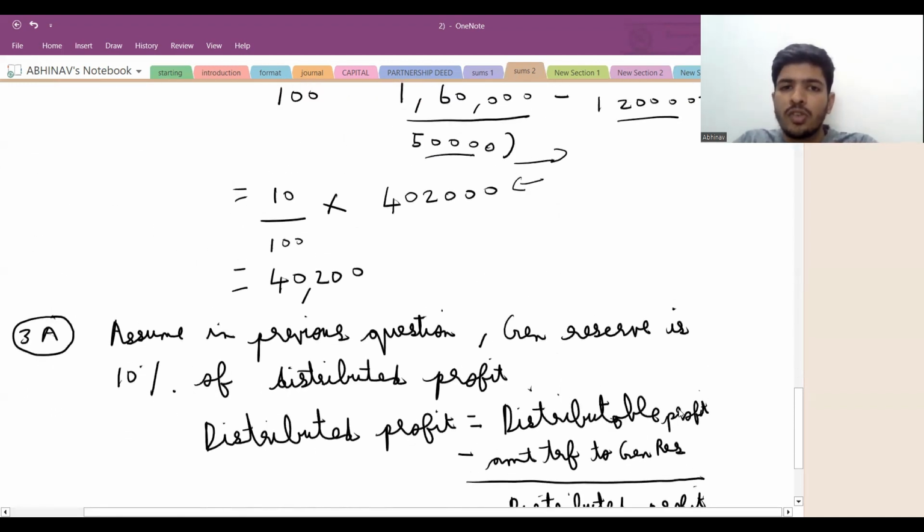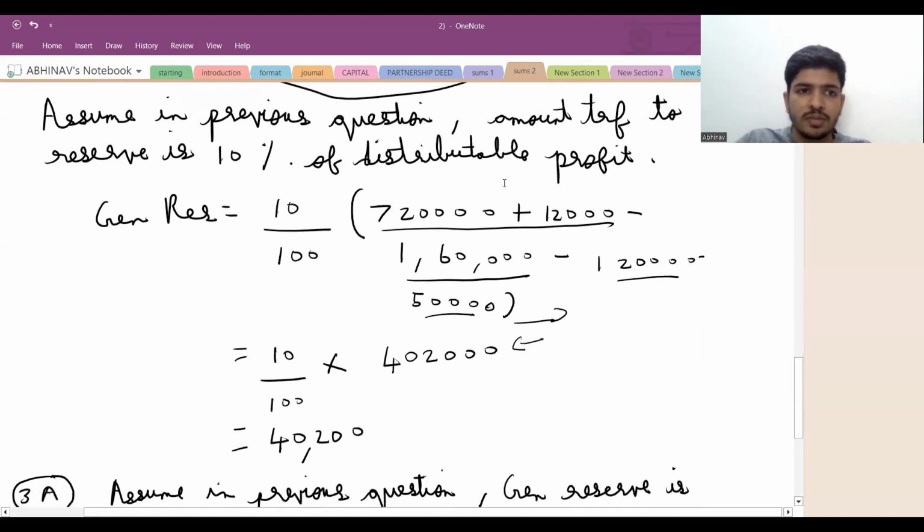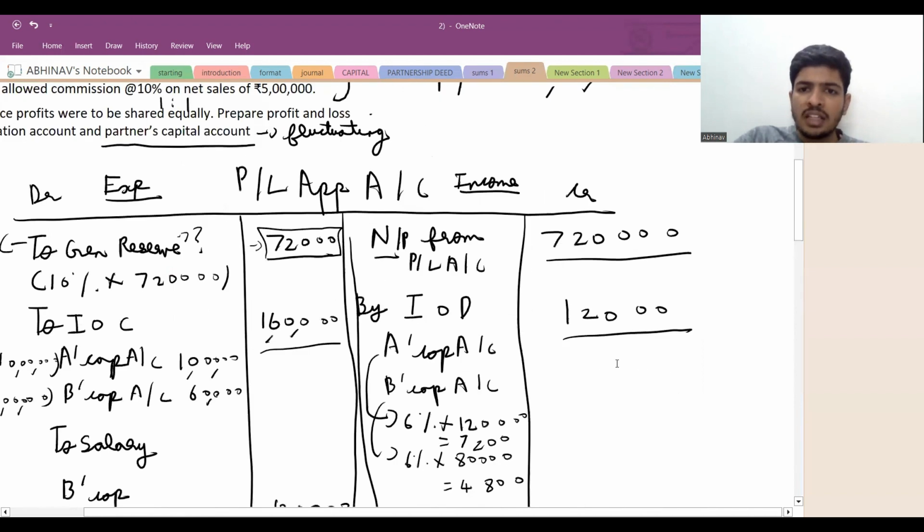What is distributable profit? We already wrote down the formula for distributable profit. Again, we'll do it if you want. Add this side.